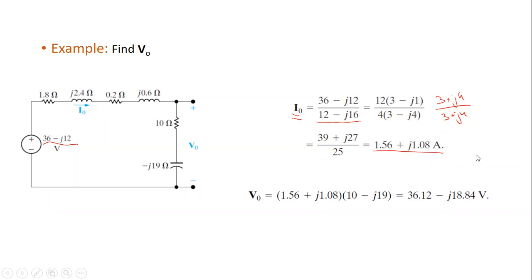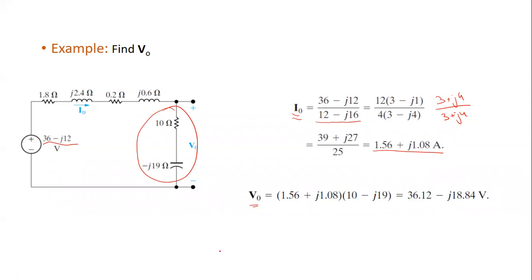So again, you need to get trained how to calculate or how to make different operations with complex numbers. So this will be I0. So once we found I0, then I will multiply I0 by this impedance, and this will be V0, which is required.